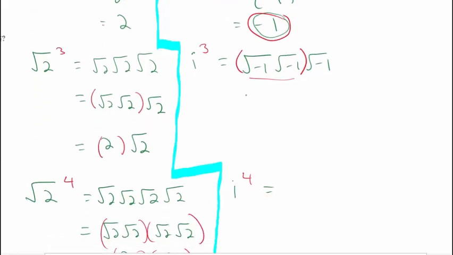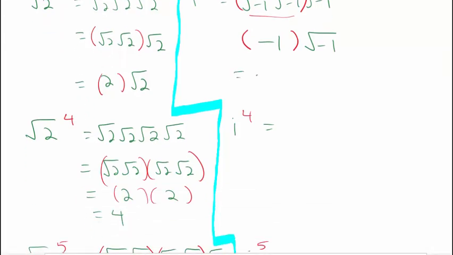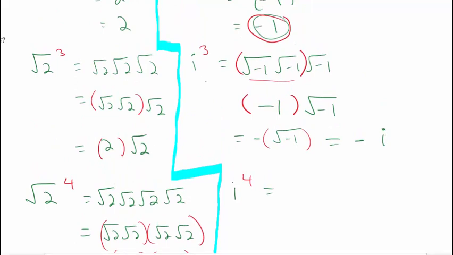So this whole thing reduces to negative 1 times square root of negative 1. And we know square root of negative 1 equals i, so this equals negative i. So i cubed equals negative i.